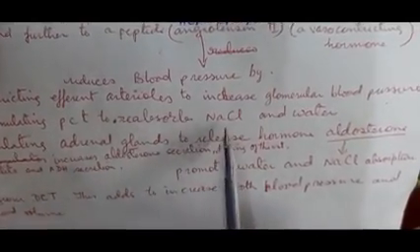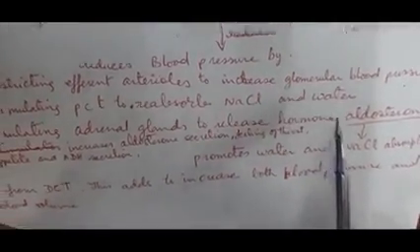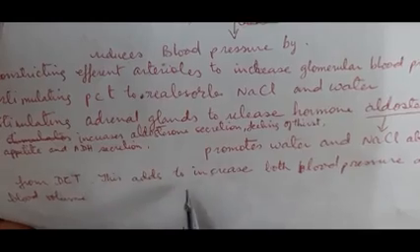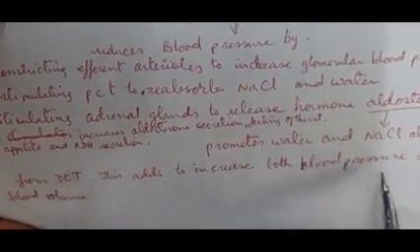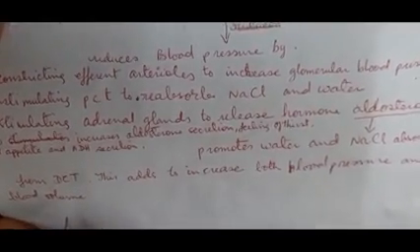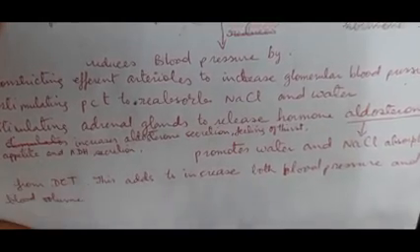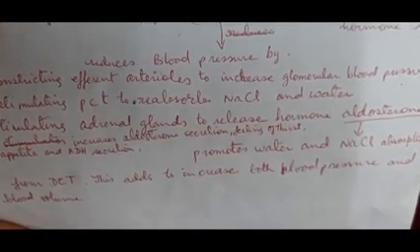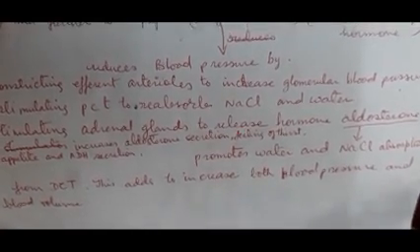PCT will reabsorb more sodium chloride and water, and this adds to increase both blood pressure and blood volume. So this is how the angiotensin system is functioning to increase the blood pressure in the body.